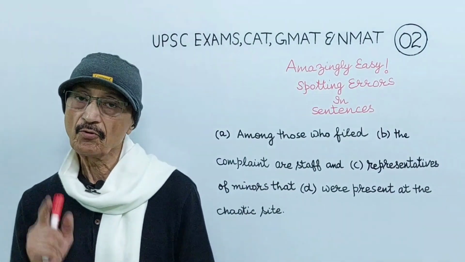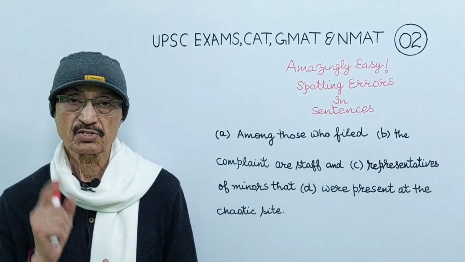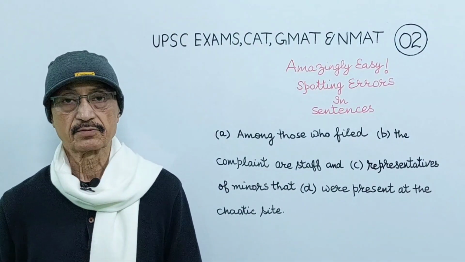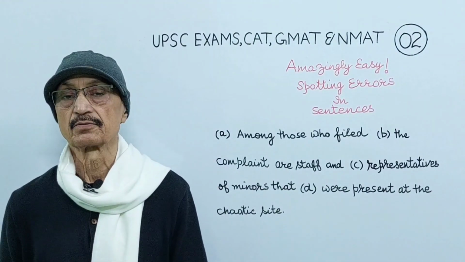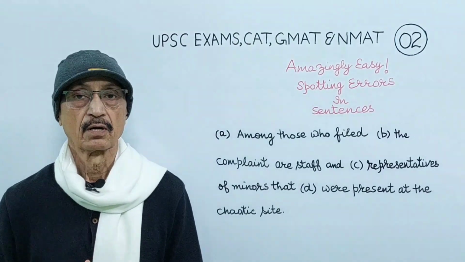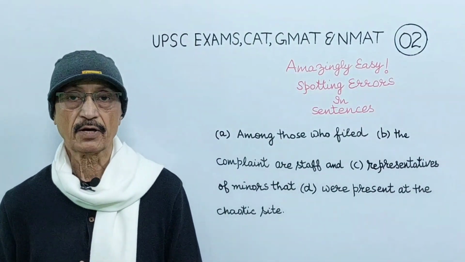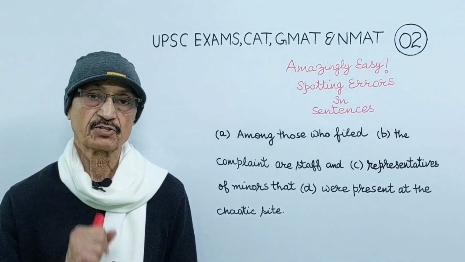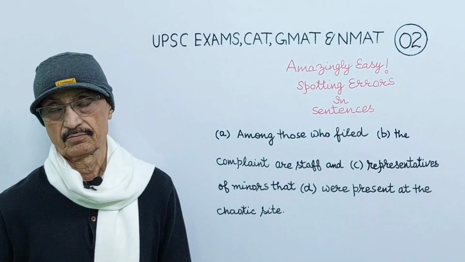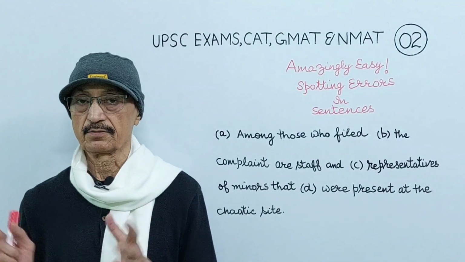Let us go through another sentence. Among those who filed the complaint are staff and representatives of minors that were present at the chaotic site. Let us try to find out which part of the sentence carries an error. Take part A. Among those who filed.